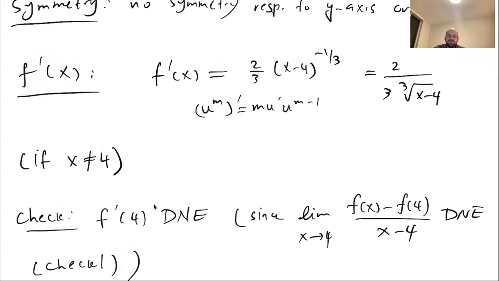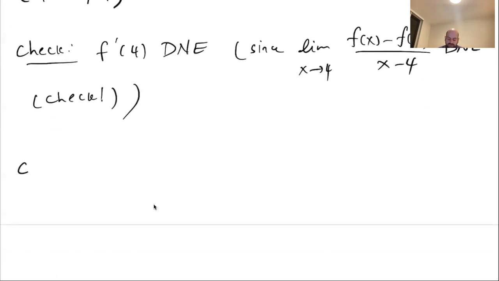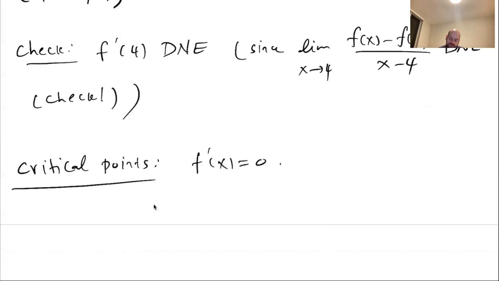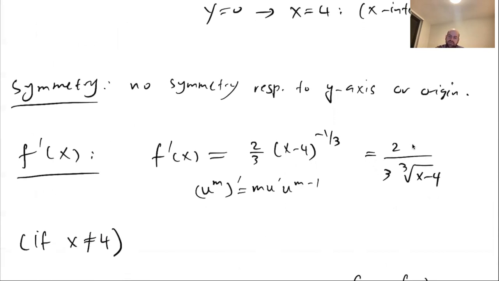Okay, so what will be the critical point here? Critical points. If I solve f prime of x equals 0, this of course has no solution, because when you look at the formula for f prime of x, the numerator is always non-zero. If the numerator is not 0, the whole fraction will not be 0 either.